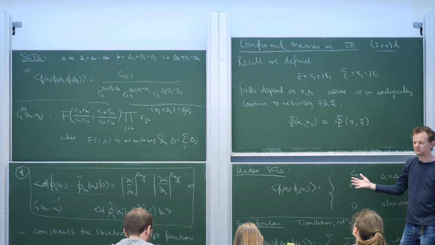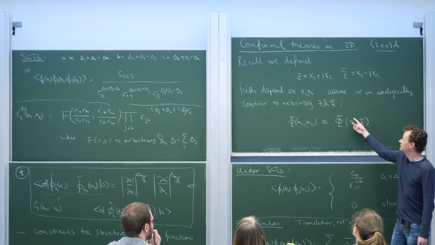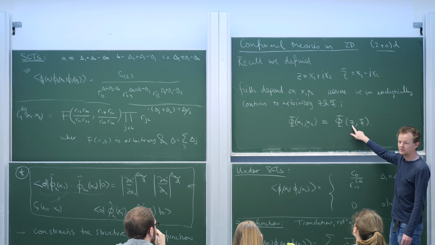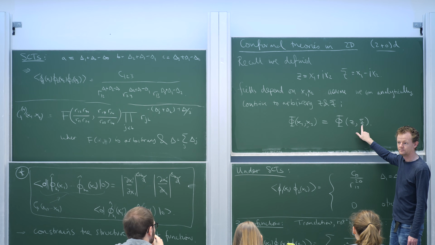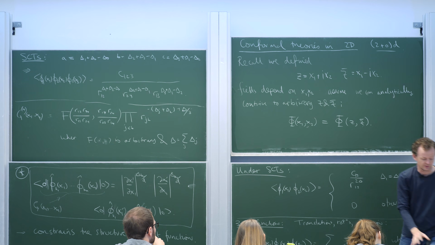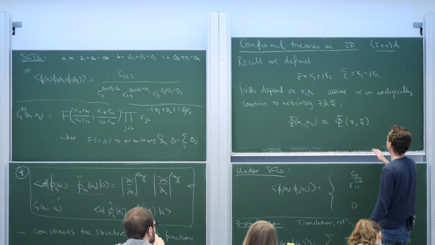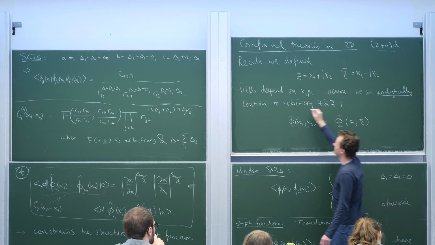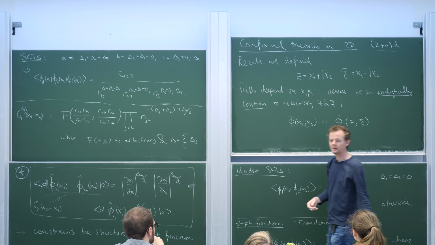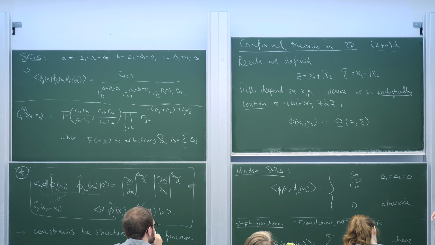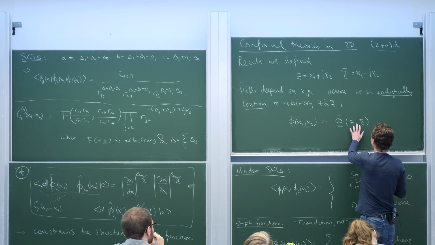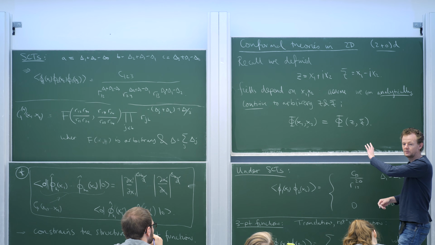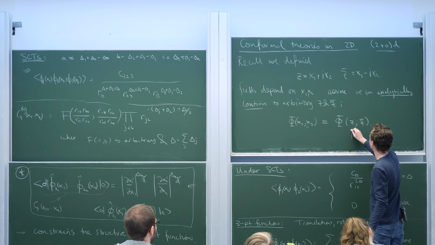But we're going to make a big assumption, namely that these things also make sense for z and z bar independent. We somehow know that they make sense. That means we're going to assume that they can analytically continue the dependence of the field away from z plus z bar is real to the case where these are independent.